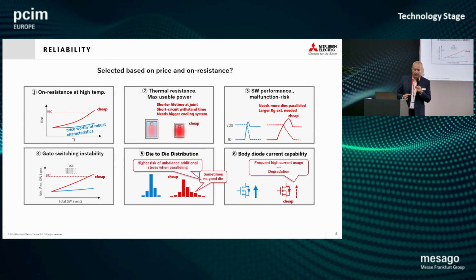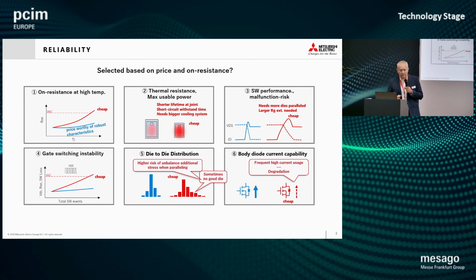I would like to talk about this later. We shall talk about the distribution of dies within one lot. And for sure, we shall talk about the aging process caused by bipolar current flowing through the body diode. All 6 topics will be reflected in the cost structure.